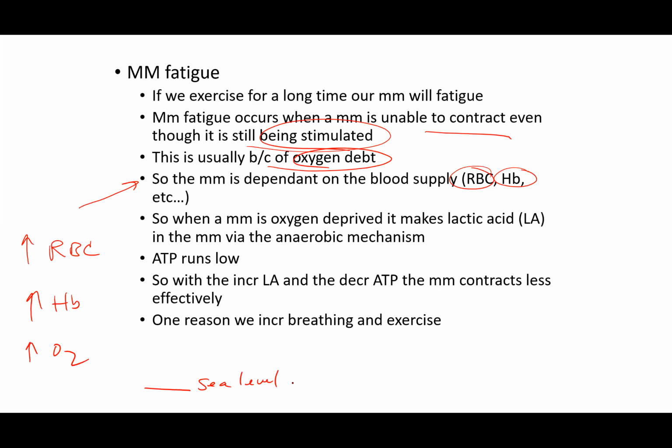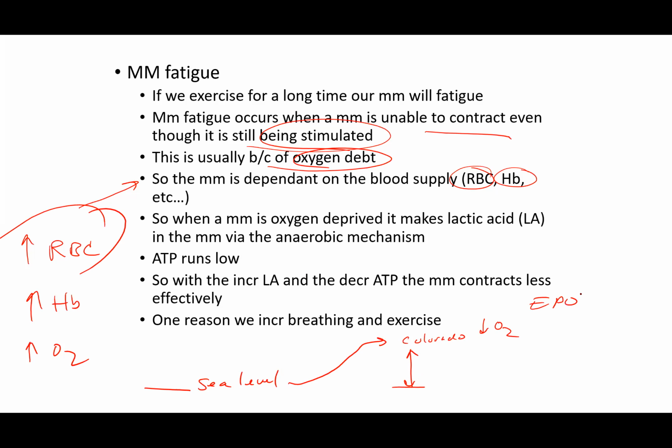So people will go from sea level and then they go up to a place like Colorado, because we are a mile above sea level. So there's less oxygen up here. By doing that and training, they basically supersaturate themselves with red blood cells because of the erythropoietin.